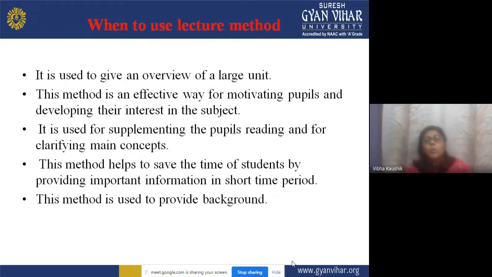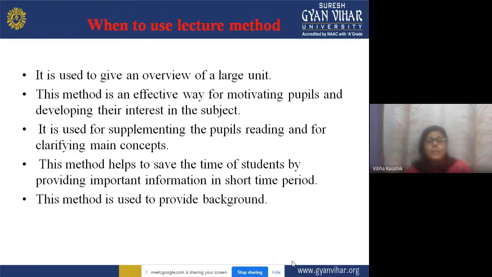Now, when to use lecture method? It is used to give an overview of a large unit. When the content is very large, and the teacher thinks that it is a large unit, at that time the lecture method should be used by the teacher.